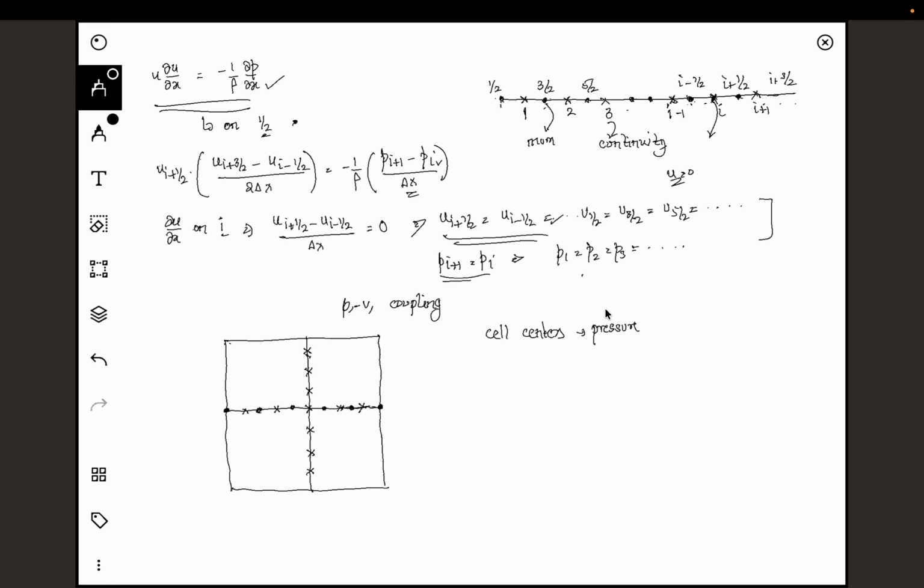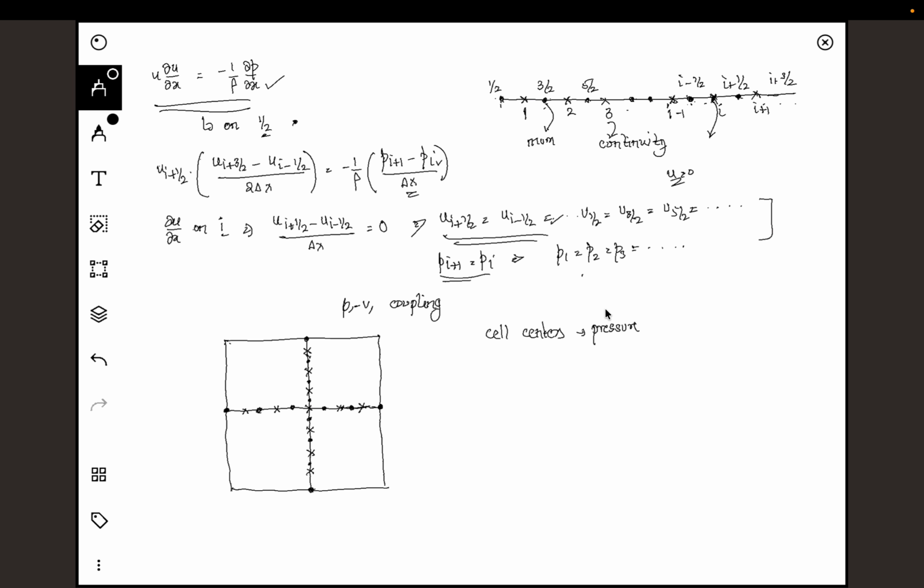These are my cell centers, and that is where the pressure is being stored, and I'll have phase centers where velocity is being stored.